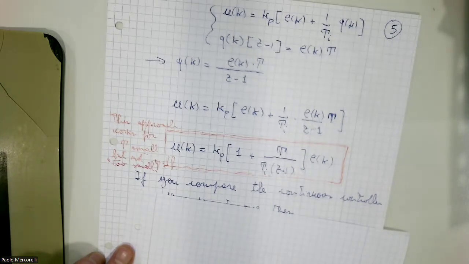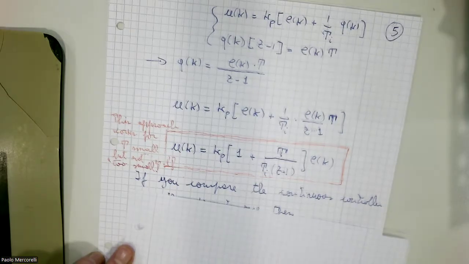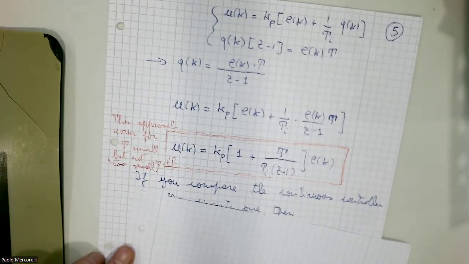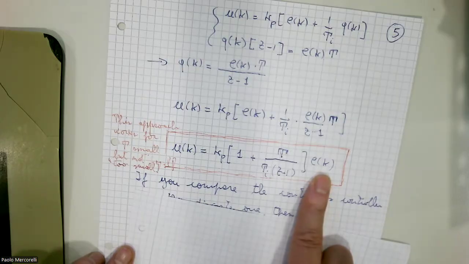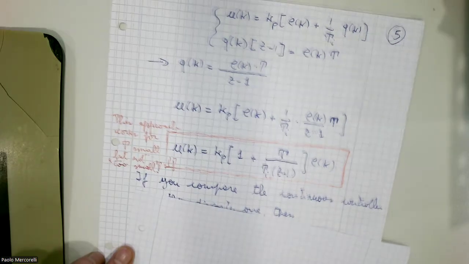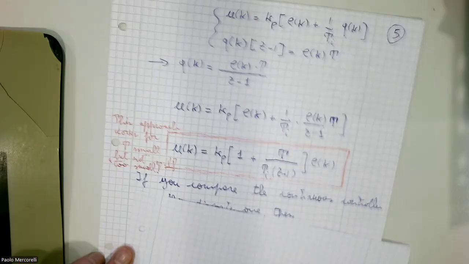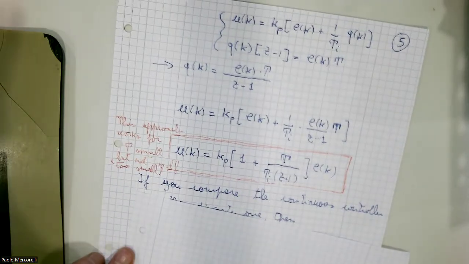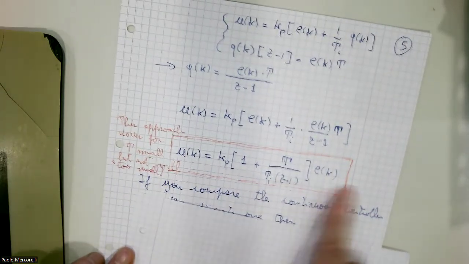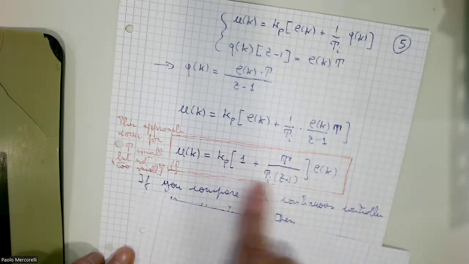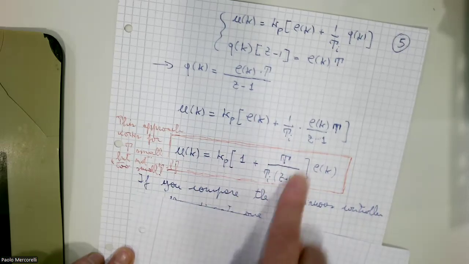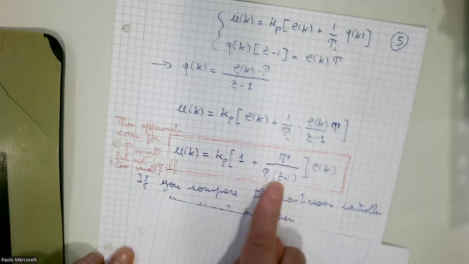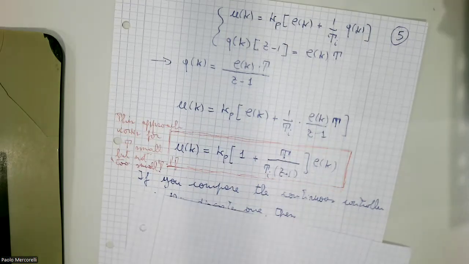In the book, you can also find it between U and E. It depends if you read the transfer function as input to output, or mathematically as numerator over denominator. In any case, we can see this as a function of z. This means we have an analogy, and I will bring this analogy at the end of the seminars.